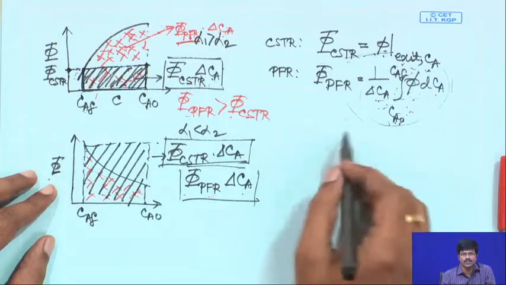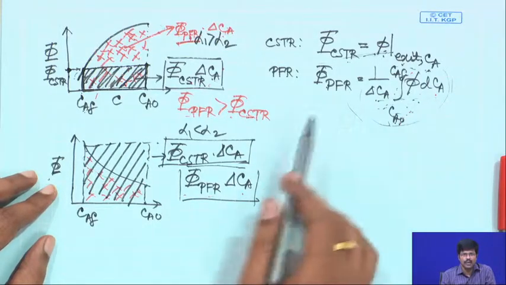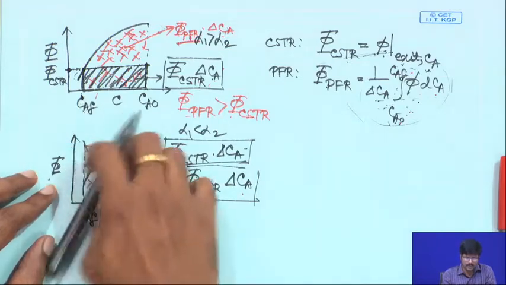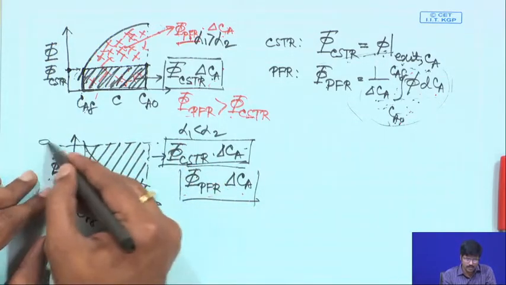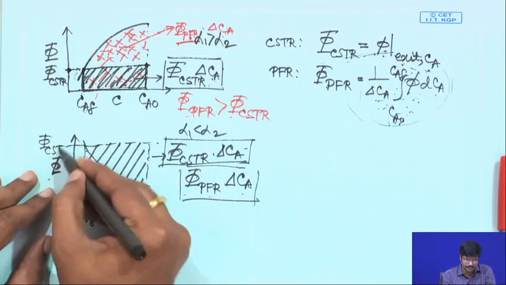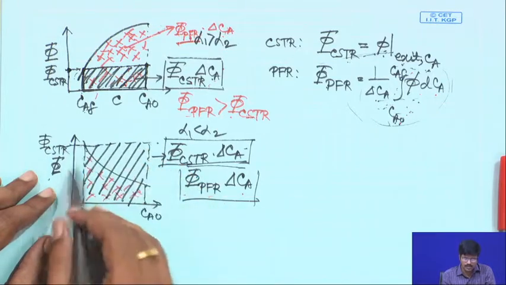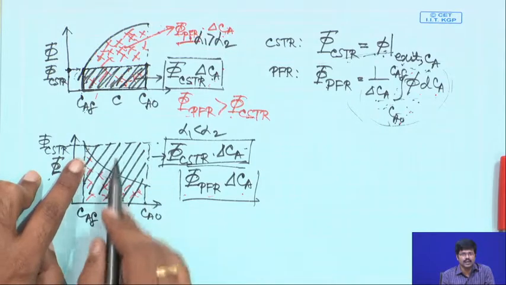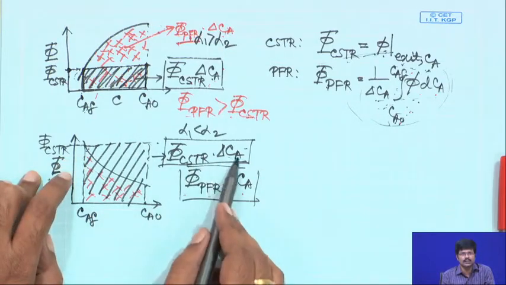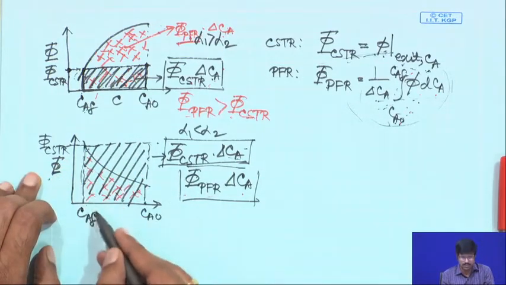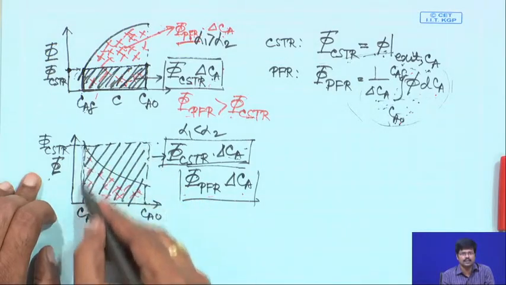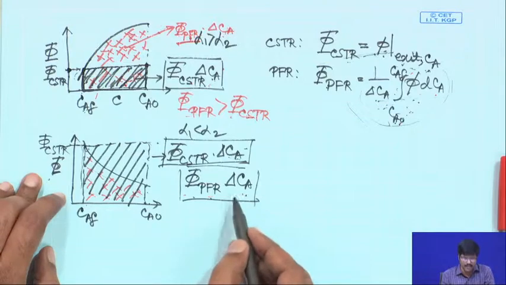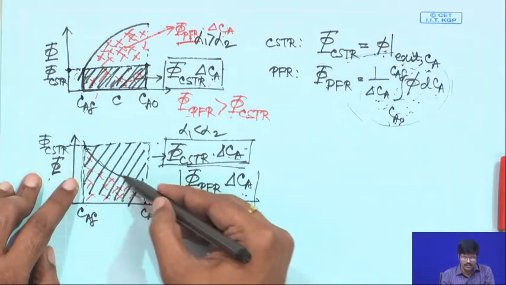So, you see the integration here, whereas for CSTR you have only one phi, and that is this phi. This is the phi CSTR here, and that is why the area under the graph is your phi CSTR into delta CA. So, that means this length into this length, that is the area under the graph. And for PFR, your phi PFR into delta CA is basically the area under this curve.